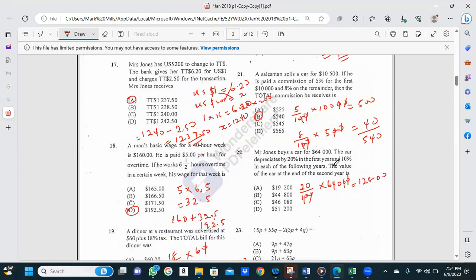So it had been 64,000 minus 12,800. When you minus these two, what do we get? Can somebody help me? 64,000 minus 12,800, what do I get?